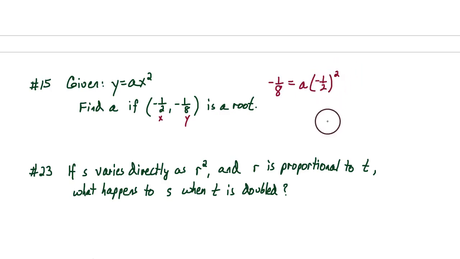Now let's solve the equation till we find a. Negative 1/2 squared makes positive 1/4. Now let's multiply both sides by 4 to cancel away the 1/4. We get negative 4/8 is equal to a. This reduces to negative 1/2.